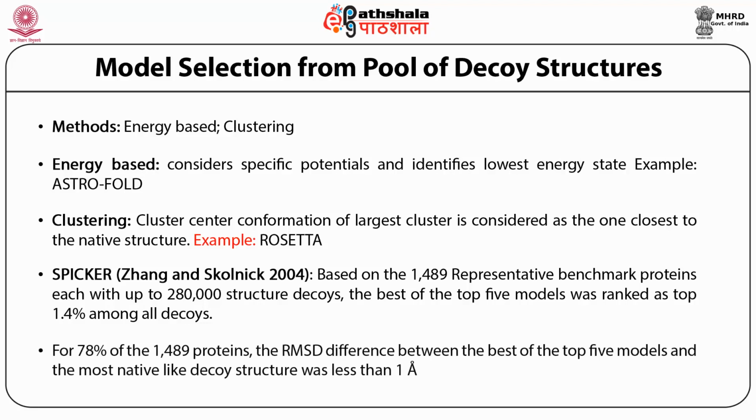For 78% of all these proteins, the root mean square deviation difference between the best of the top 5 models and the most native-like decoy structure was less than 1 angstrom, which reflects the suitability and the adaptability of choosing the best of the decoy structures.